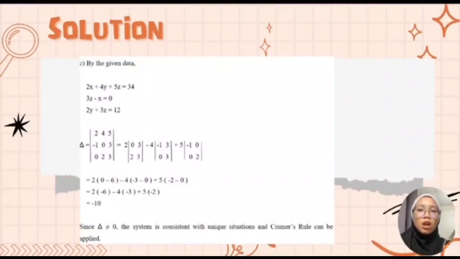We take the matrix 2, 4, 5, -1, 0, 3, and 0, 2, 3, and we will get -10. Since the determinant is not equal to 0, the system is consistent with a unique solution and Cramer's rule can be applied.